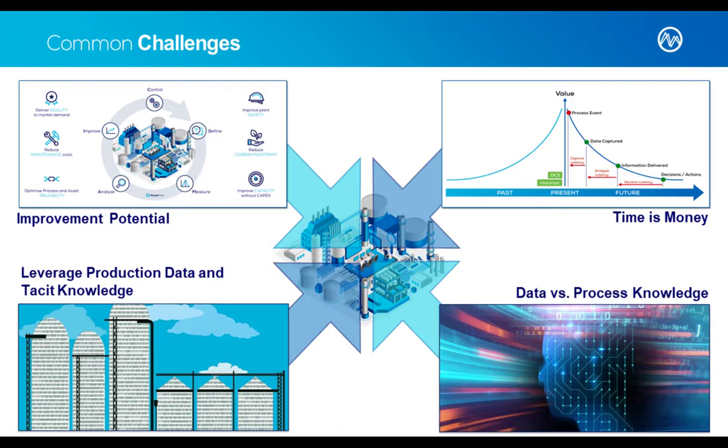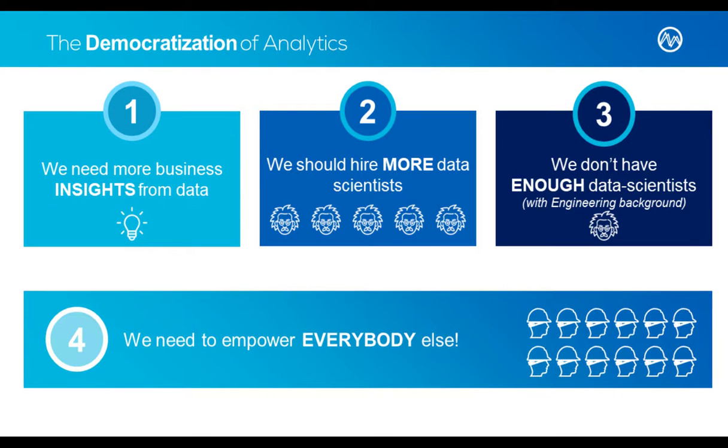But it's also what we've seen across industry is that there's this kind of friction field between being completely data-driven and still relying on a lot of experience and gut feeling by your most experienced operators or engineers. And what TrendMiner tries to do is break down that barrier and actually find a common ground to get the best of both worlds. But these are just some of the common challenges that we see across the industry.